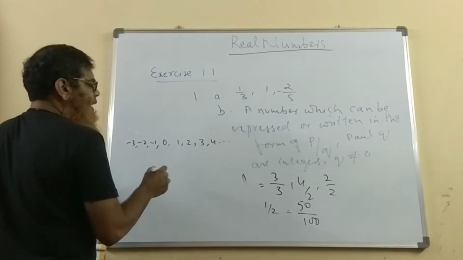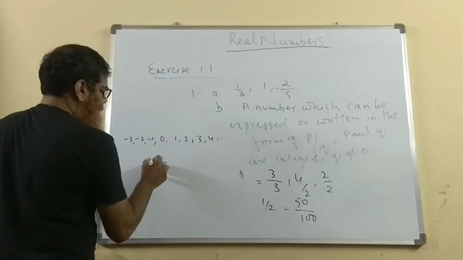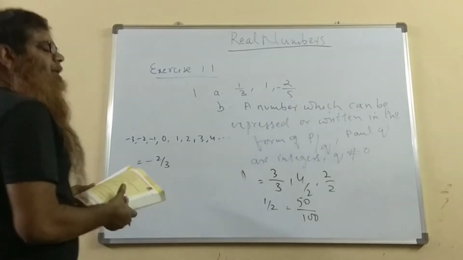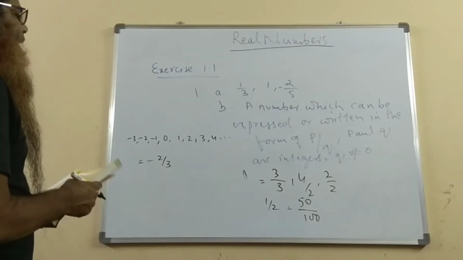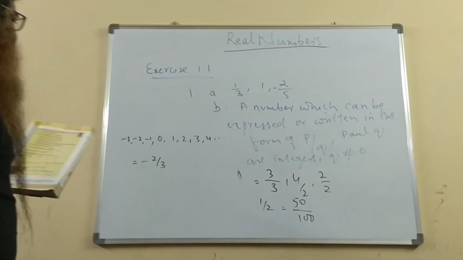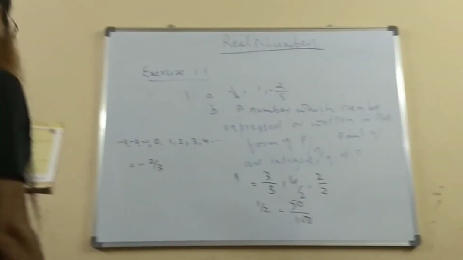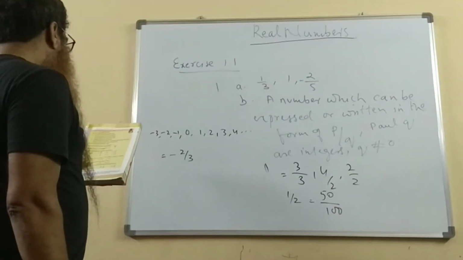These are integers, and rational numbers can be anything. 2 by 3, minus 2 by 3 can be a rational number, but it's not an integer. All integers are rational numbers, but all rational numbers are not integers. So this is the first bit in the second question.